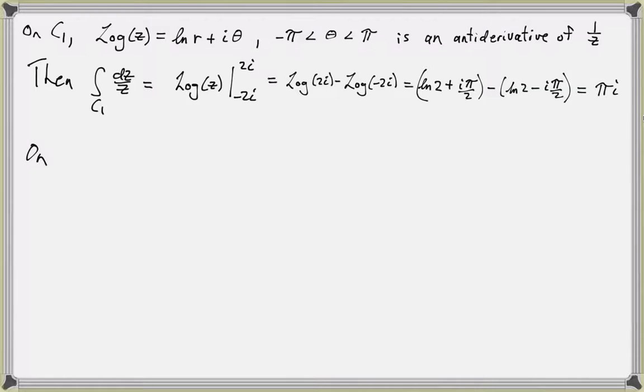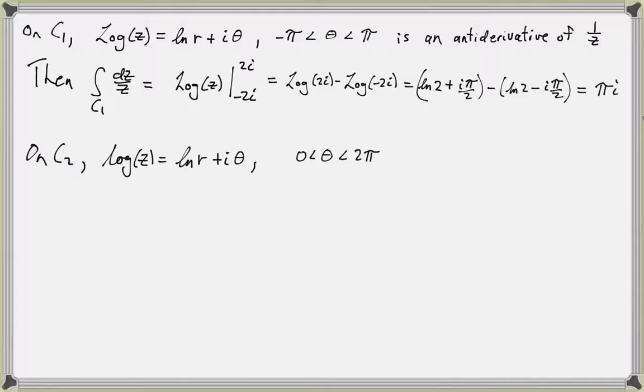Likewise, when we look at contour C2, we can take the branch of the logarithm defined by log of z equal to natural log of r plus i theta, where theta is now between 0 and 2 pi.